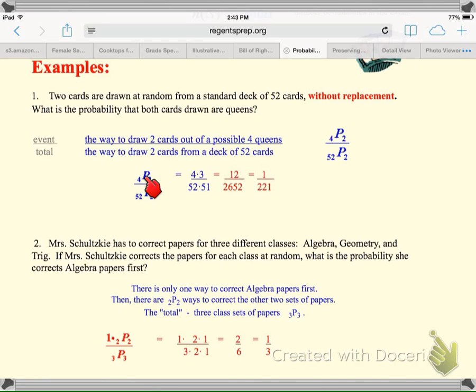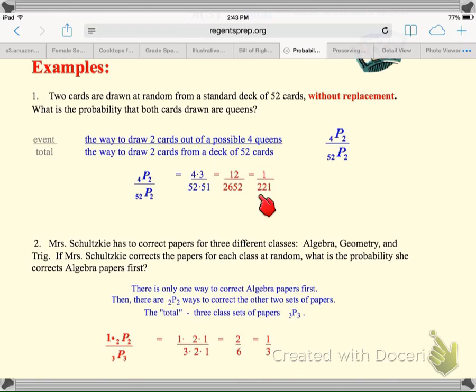If you're drawing all 4 cards without replacement, then this would be 4p4. But it's only 4 times 3, or 4p2, because you're only drawing twice without replacement. Now, the total number of cards in a deck is 52, and you're drawing twice, so this is going to be divided by this, and 52 you didn't replace, so now there's 51, and so 12 over 2,652 reduces to 1 over 221, and yes, you should always reduce.